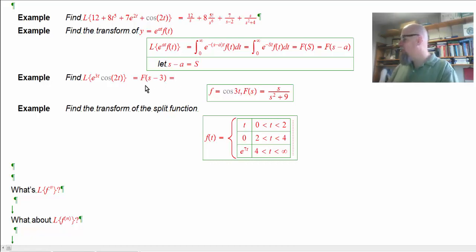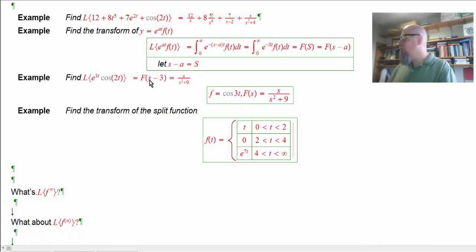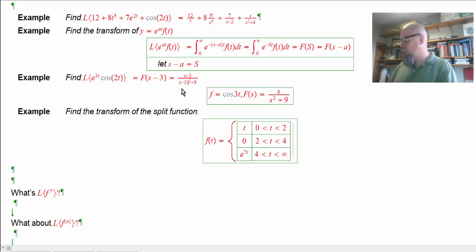So I know what big F is. Big F is this. But everywhere there's an s, I need to put an s minus 3. So it's the shifted function. So it's s minus 3 over s minus 3 squared plus 9.